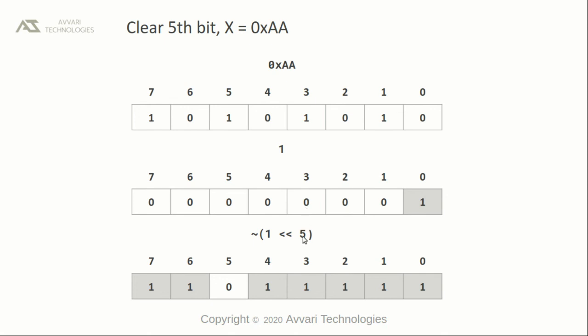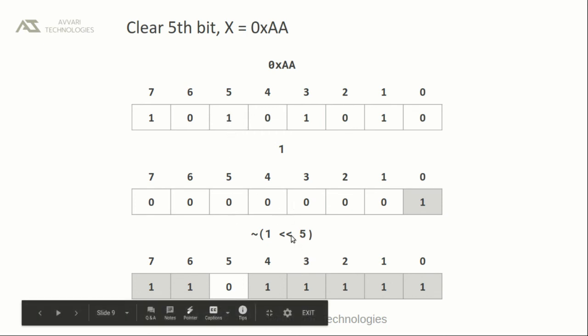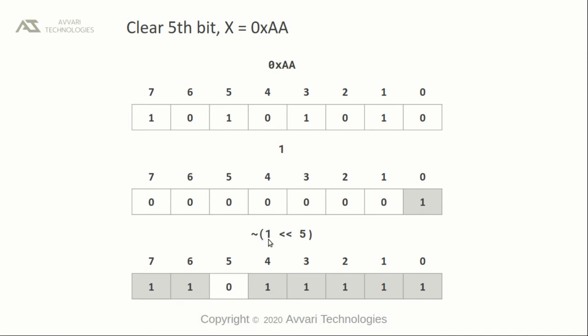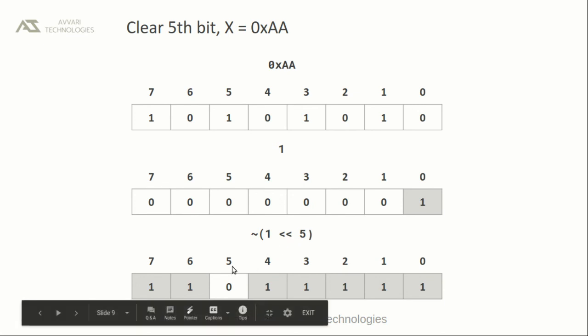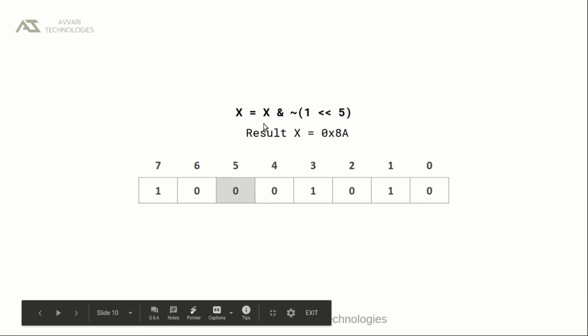In this case, we are clearing the fifth bit, 0, 1, 2, 3, 4, 5, fifth bit. We need to clear this bit, make it 0. So what we will do is take 1, left shift to the given position and negate the whole value. So the fifth position becomes 0 and the rest becomes 1. Finally, we will perform an AND operation to get the final result.